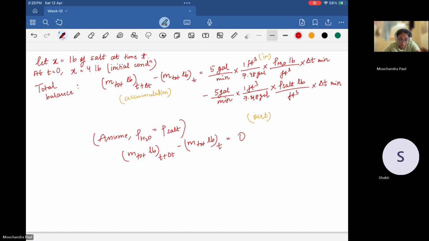So we are not getting much information when we do the total material balance. So let's do the material balance for salt balance.